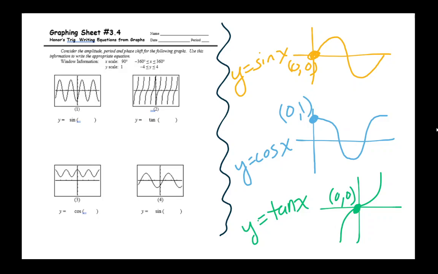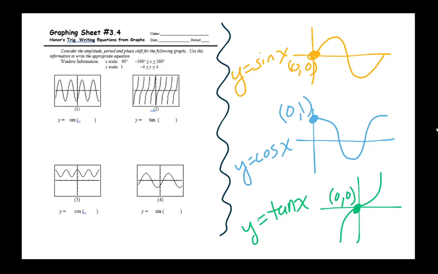A couple things I want you to realize. Each one of these graphs is in a typical Zoom Trig window. That means the x-axis goes from -360 to 360, and the y-axis goes from -4 to 4.